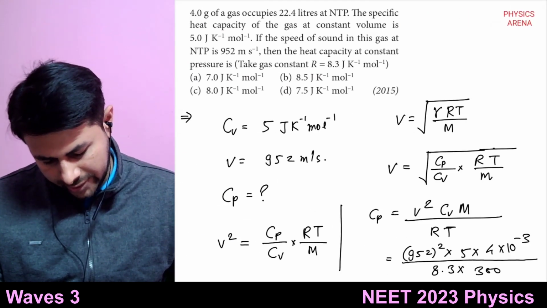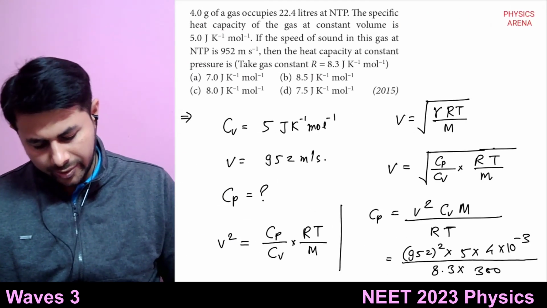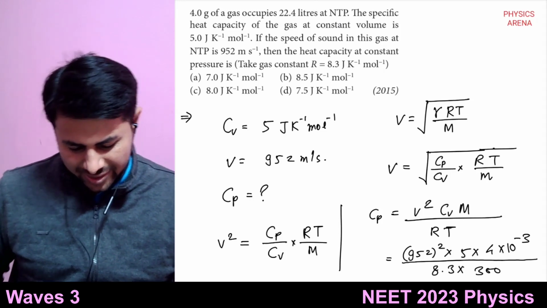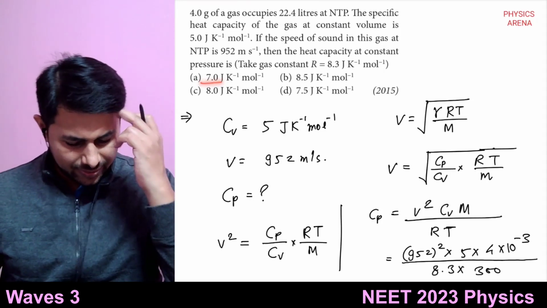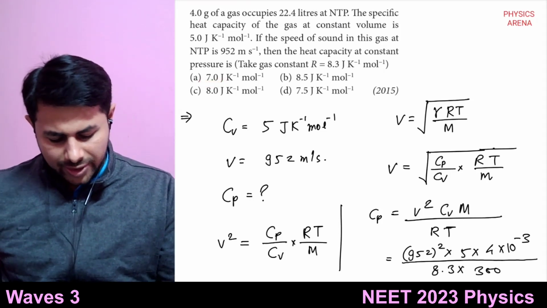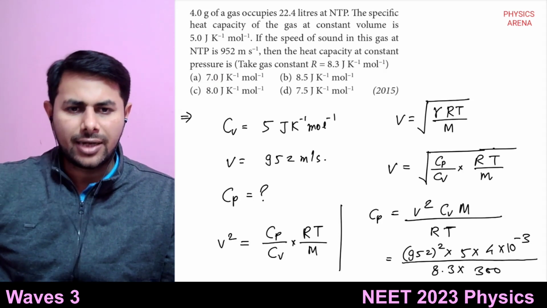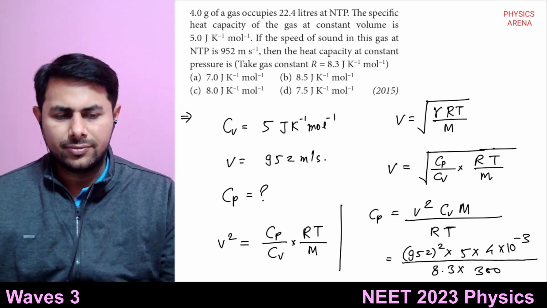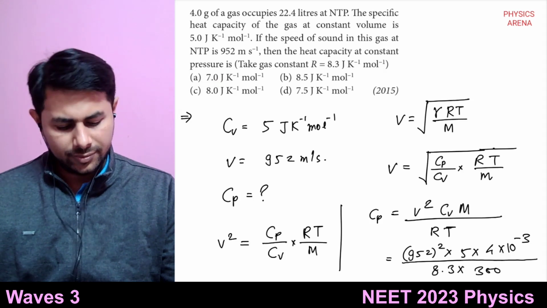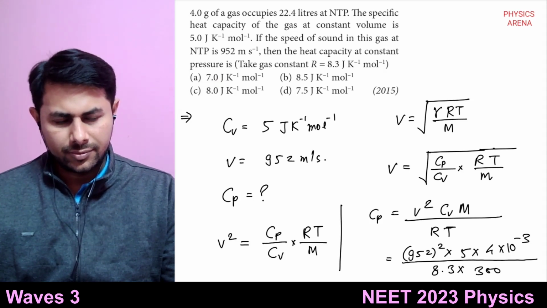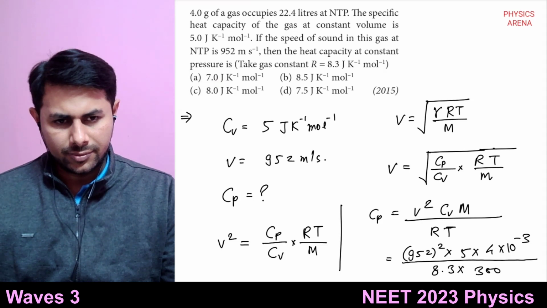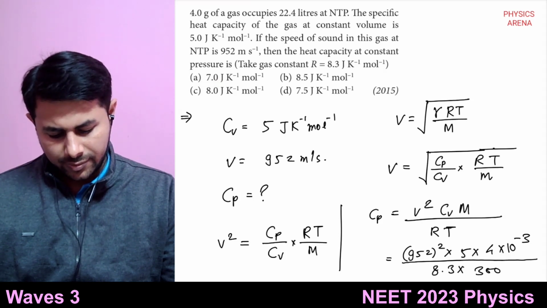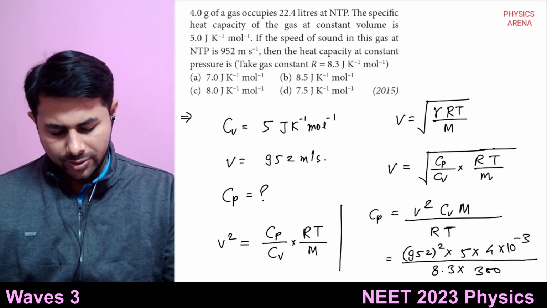Cp is 6.6. Oh, I'm sorry, the options are closed. So will it be 7 or something? Can you calculate? I guess it will be close to 7.